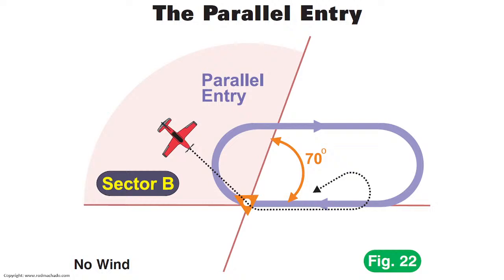It's an easier turn. If I tried to teardrop this, I'd have to make a really big turn. If I tried to direct this, I'd have to do acrobatics to make that turn.